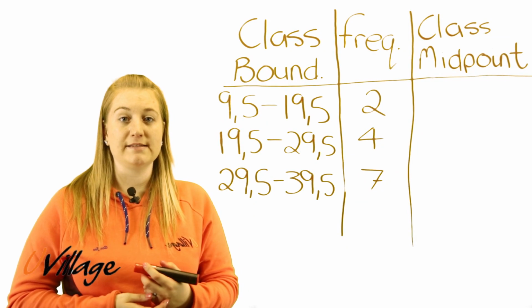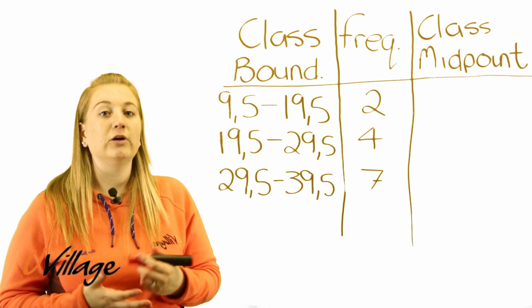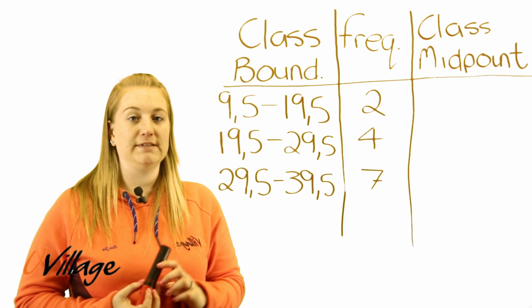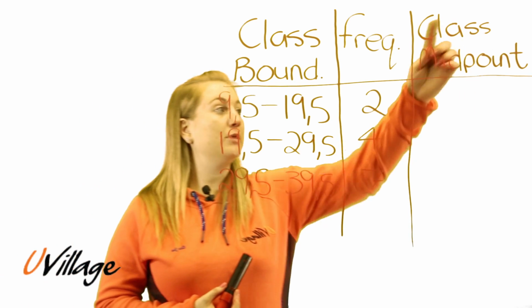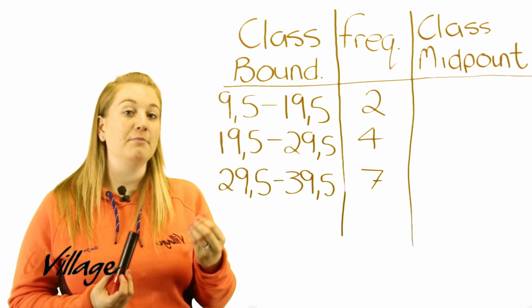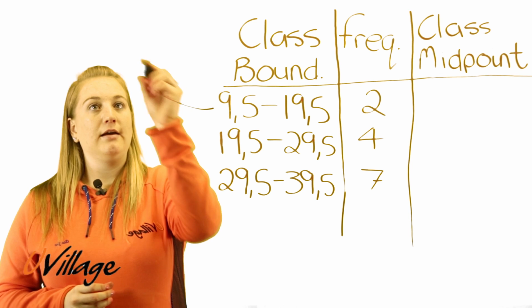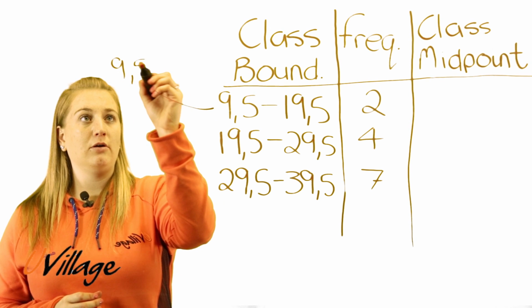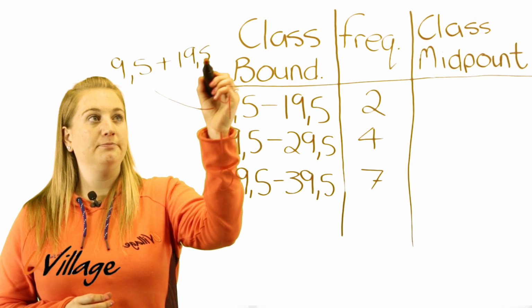There are a number of things that we can calculate from a frequency distribution. Let's take a look at the first few classes from the previous example. One of these things that we can calculate is the class midpoint, and that is simply the middle value of your classes. And that is done by taking the lower class value of one class and adding it with the upper class value.